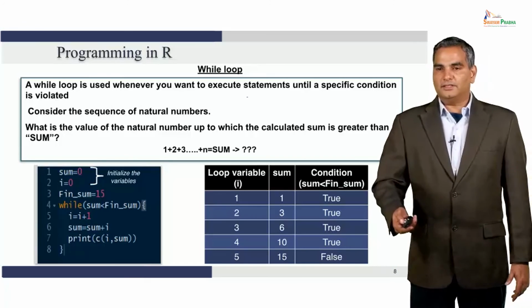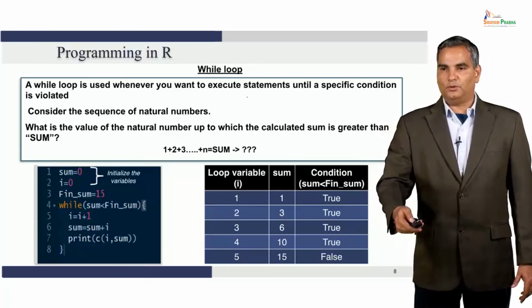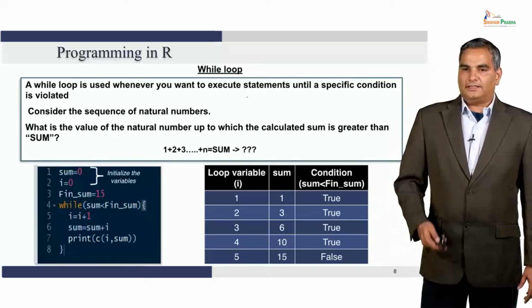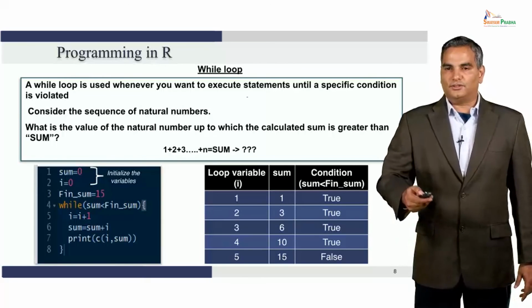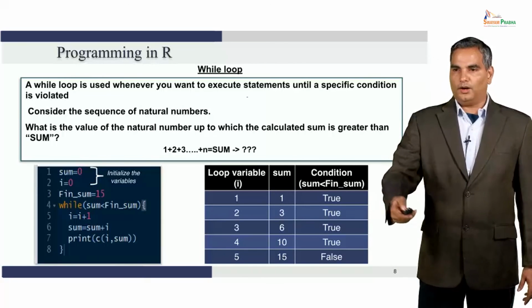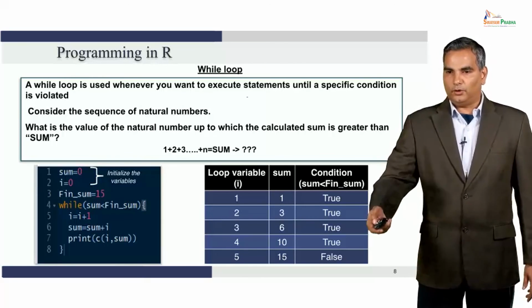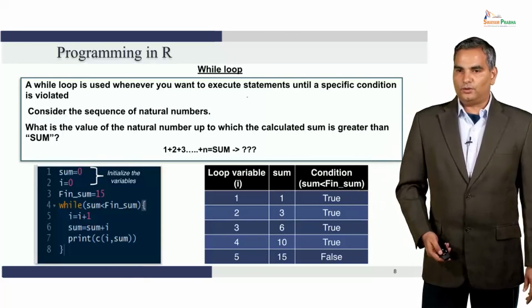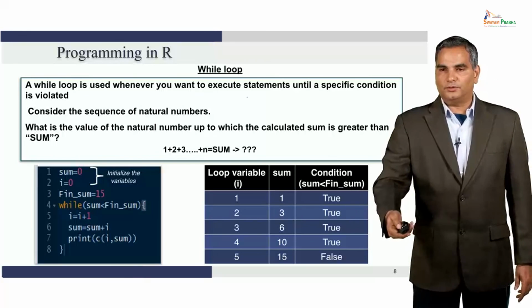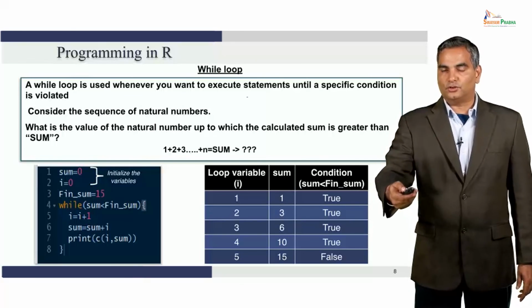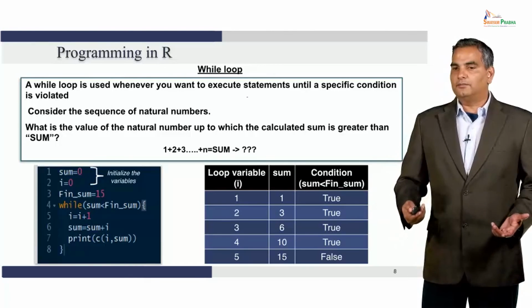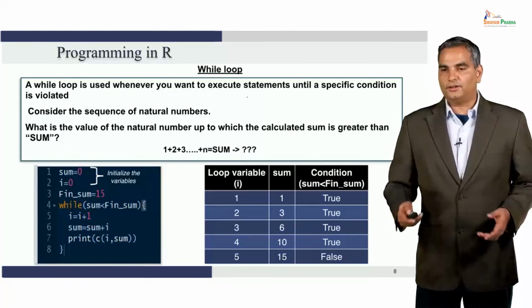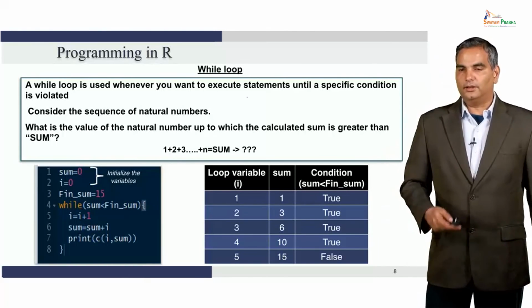Now, while sum is less than final sum, you keep doing i equal to i plus 1, and sum equal to sum plus i. So when you start this, you start with 1, sum is 1, and then you keep going on. And you notice in the result, once sum becomes 15, this loop stops because this loop says you should keep doing this only till the sum is less than 15. Once you are beyond 15, this loop stops doing what it is doing.